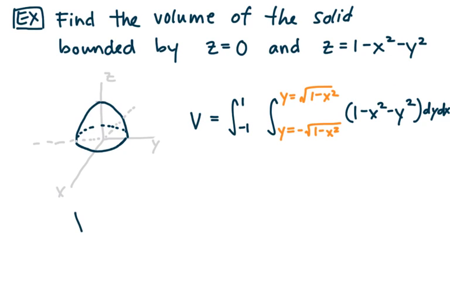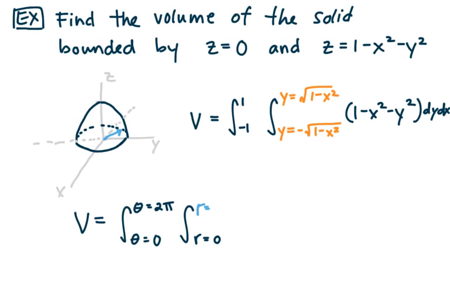If I set that up in polar coordinates, my theta would go from 0 all the way around the circle to 2 pi. And what would my radius be? My radius starts at the center, 0, and extends out in all directions to that circle of radius 1.